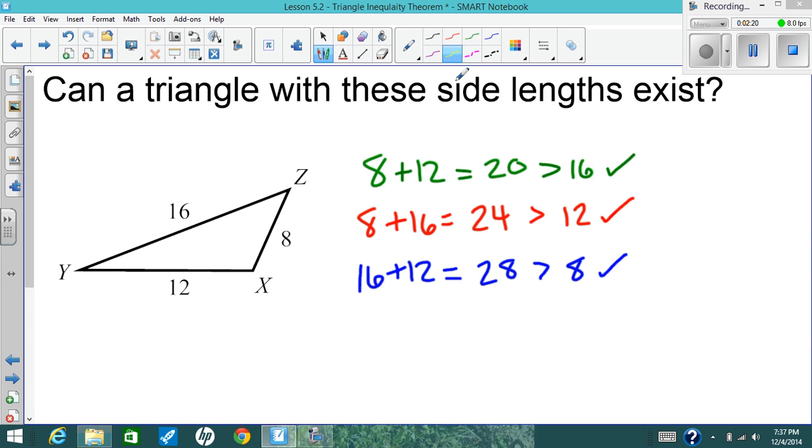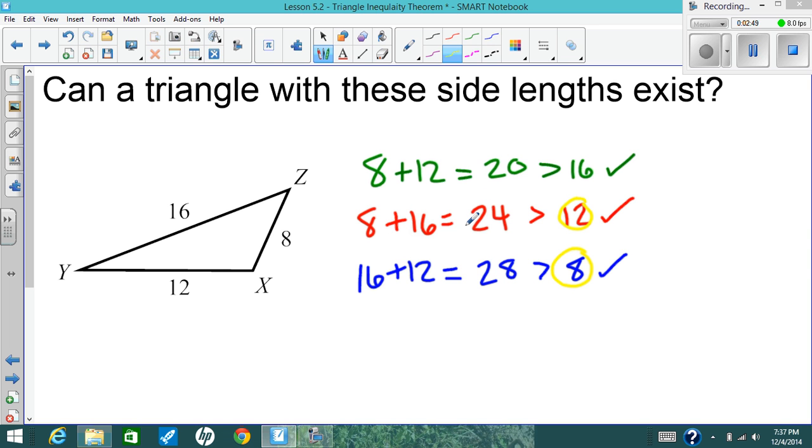A little hint here is if we look at each of these three additions, let's look at this one in blue in particular. 16 and 12 are the bigger two sides. Each of them by themselves are bigger than 8. So of course when you add them together, they'll be bigger than the third side. If we look at the red one, 16 is the biggest side, which means it's already bigger than 12.